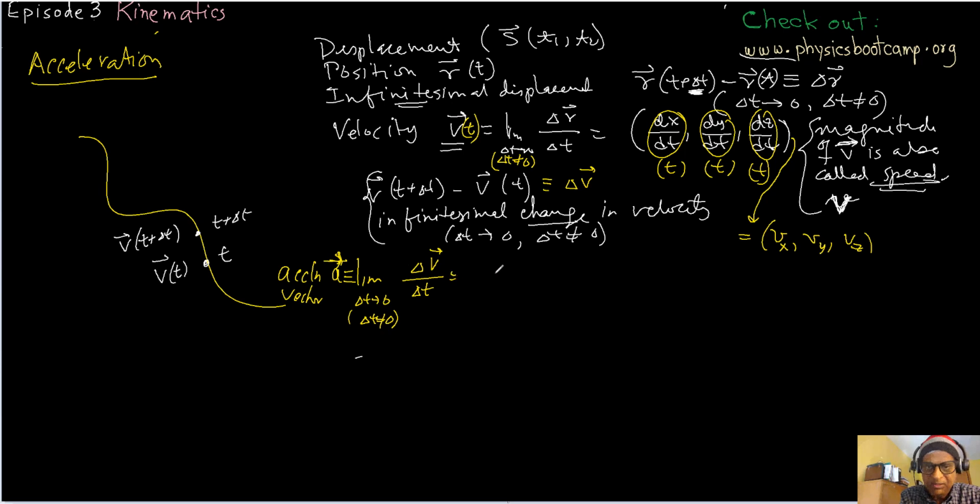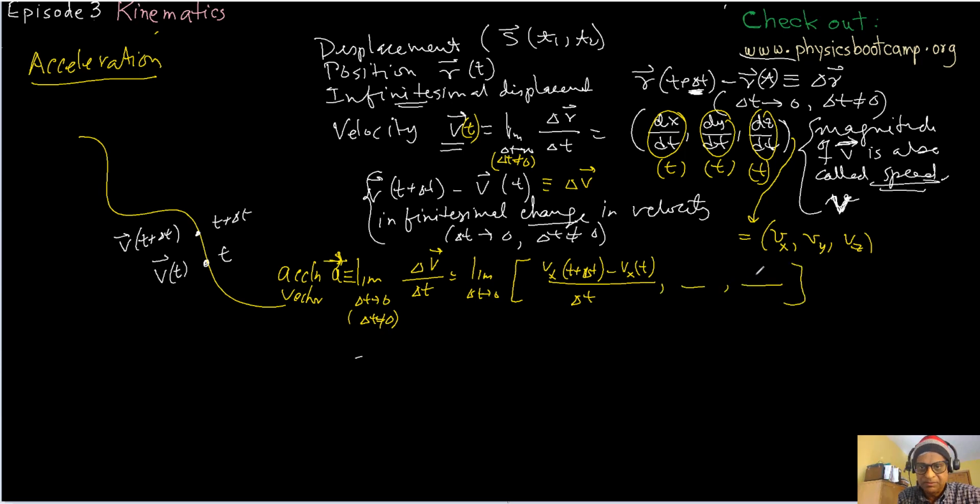If you look at this inside, it is simply the limit as delta t goes to 0, and the x component will be vx at t plus delta t minus vx at t over delta t, and the y will be similar and z will be similar. If I take the limit of this, we clearly get the derivative of the velocity: dvx dt, dvy dt, dvz dt. So these are the components of the acceleration vector.